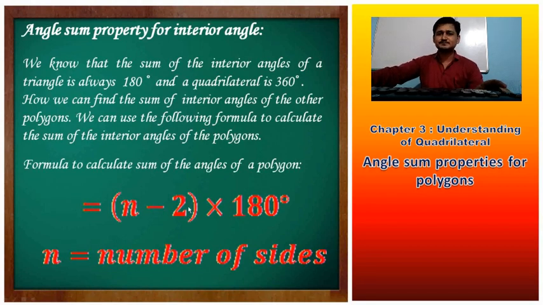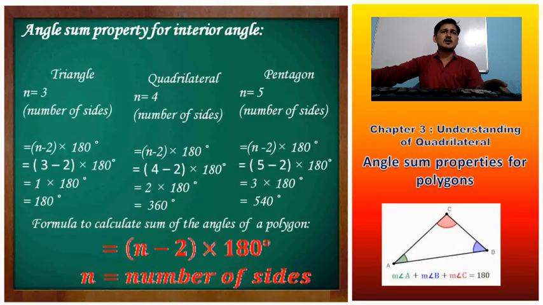I have taken some examples for you that will help you to understand it better. So for a triangle, n is equal to 3, where n means the number of sides. In a triangle we find 3 sides. So (n minus 2) into 180 degrees, (3 minus 2) into 180 degrees.